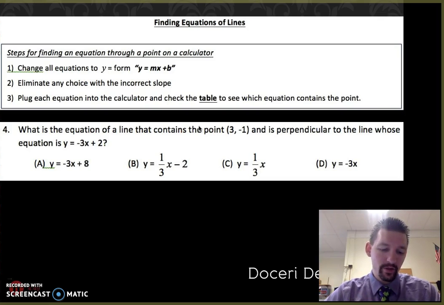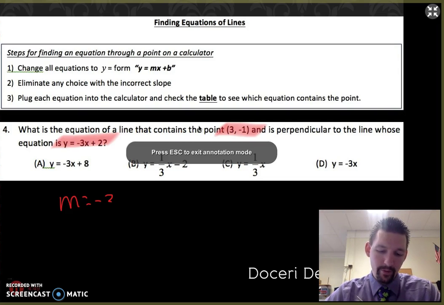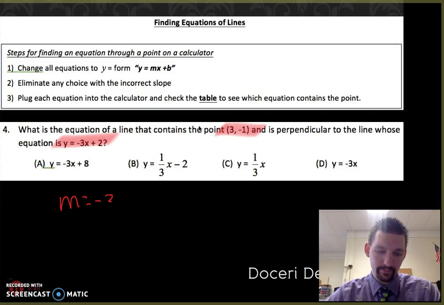So we want to know what's the equation of a line that contains negative 3, negative 1, and is perpendicular to this line. Well, our slope for that line is going to be -3, meaning our perpendicular slope is going to be 1/3.